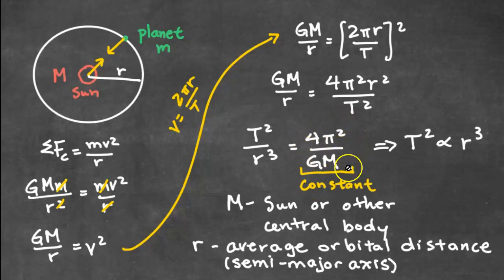Notice that the right side of the equation is a constant, which means that the period squared is proportional to r cubed. Just a reminder that M is either the sun or some other central body, some large mass, and r is the average orbital distance. In the case of an ellipse, it would be the semi-major axis.